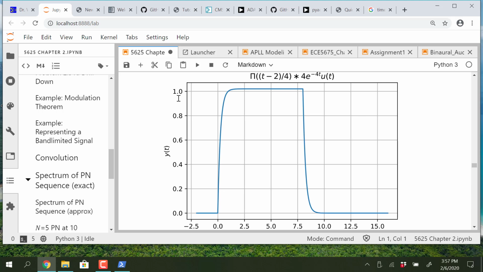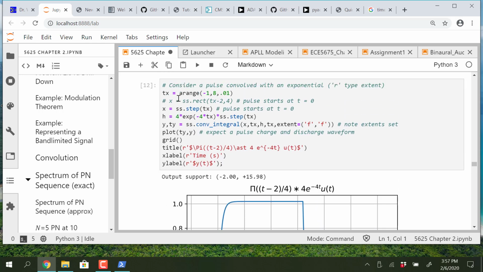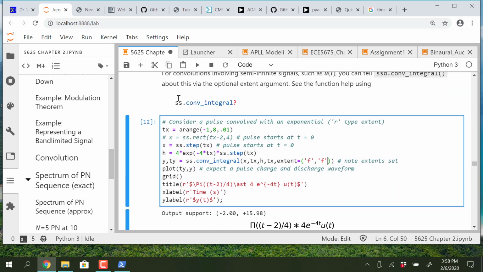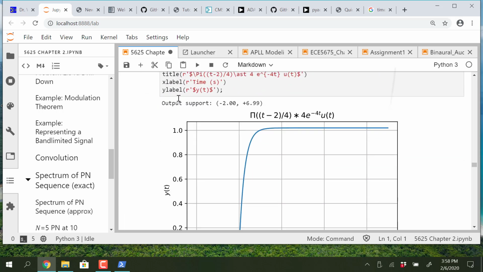Your brain would say, wait a minute, it goes away, and it's going away at about 8, it looks like. So essentially all that I'm doing when I say it's right-sided is that it's not going to go beyond the point where it goes away. So I have this output support interval that gets displayed that tells me this is the only interval I can trust to get the right answer. Outside of that, no deal. It could be wrong.